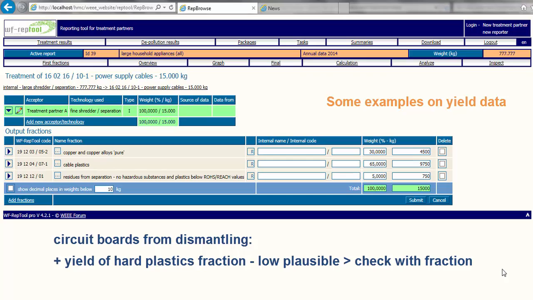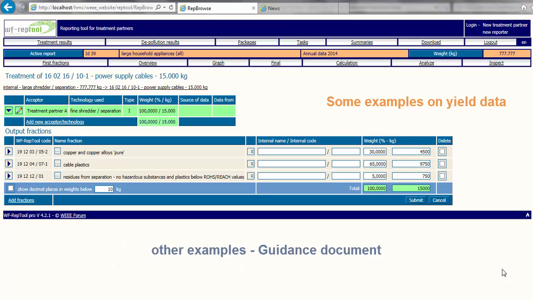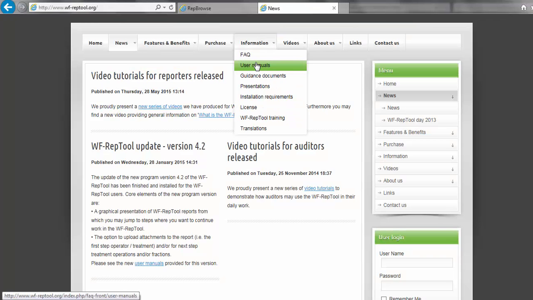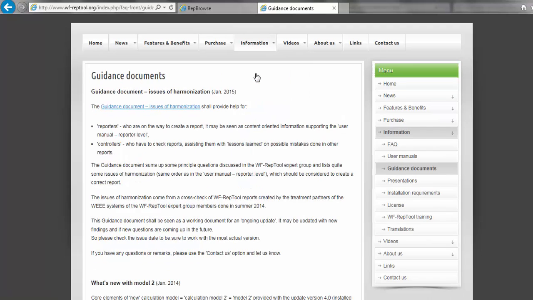A yield of hard plastics from circuit boards seems low plausible and will only be the case if there is a rough dismantling of circuit boards with plastic frames. So have a look at your fraction, check the plausibility. You may see other examples in the guidance document which we provide at our website.